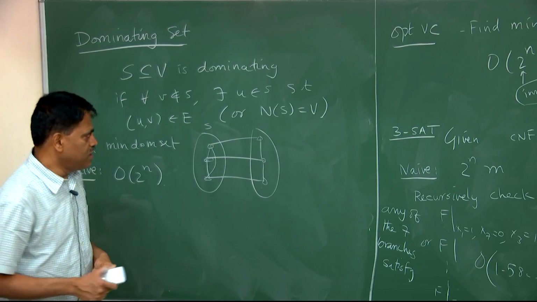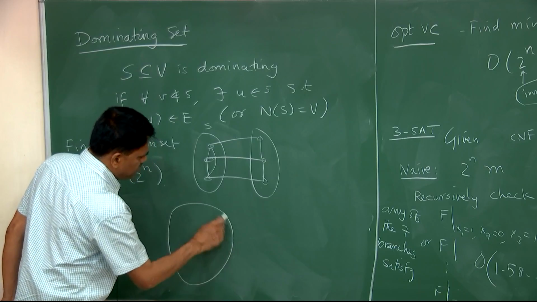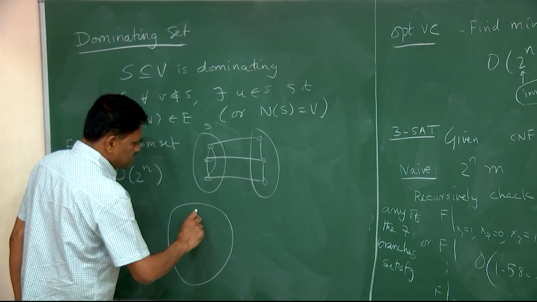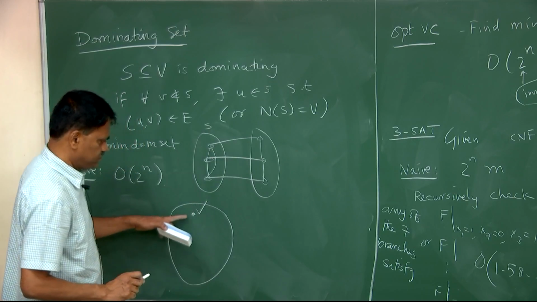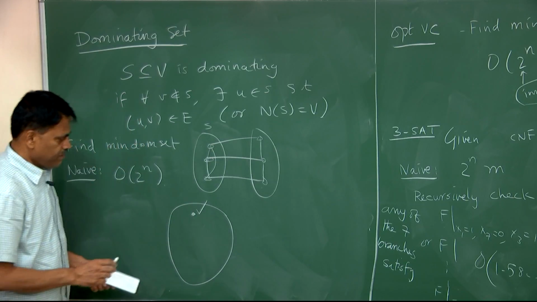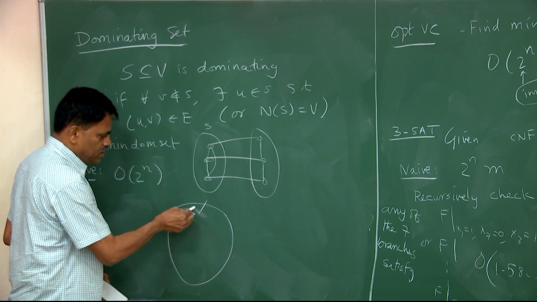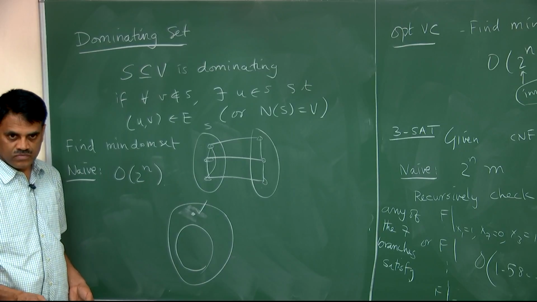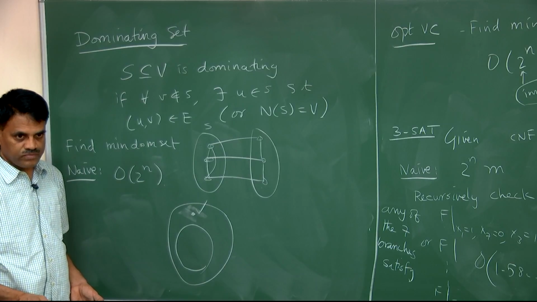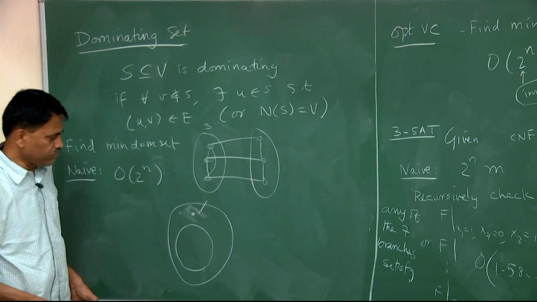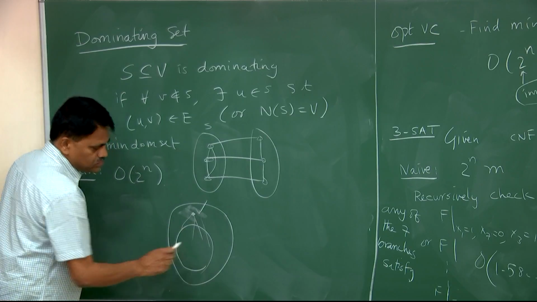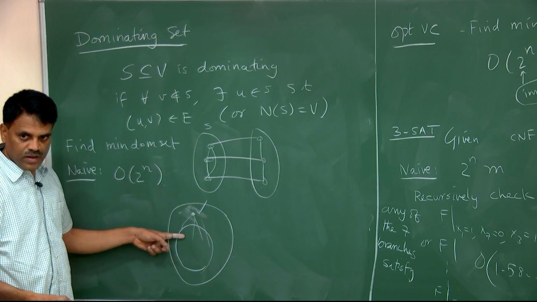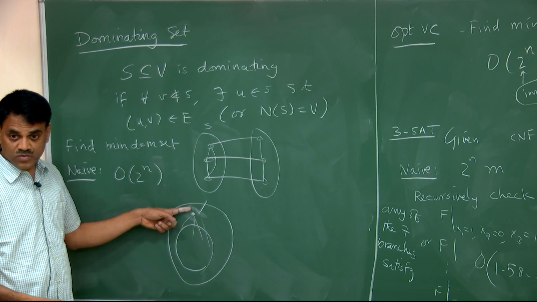Suppose I say, here is my graph and here is a vertex, I am going to branch. Suppose I include it in the solution. Can I just delete it and work on the remaining graph and find a dominating set? What's the problem? There are neighbors of this vertex which are dominated by this vertex.